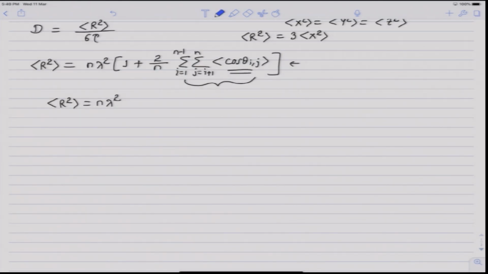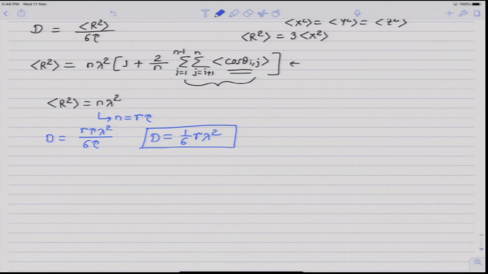Now, if we consider the small time interval tau, and if gamma is the successful jump frequency of atoms, then in time interval tau the total number of jumps n will be gamma times tau, and so if we substitute back in D, we get D is equal to gamma tau lambda square over 6 tau, or D is equal to 1/6 gamma lambda square.